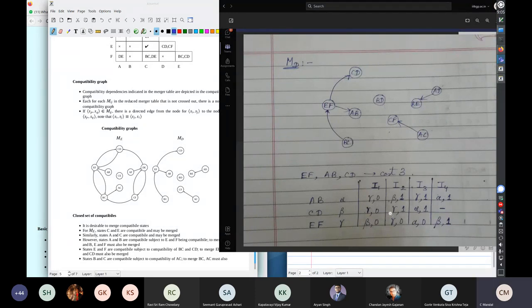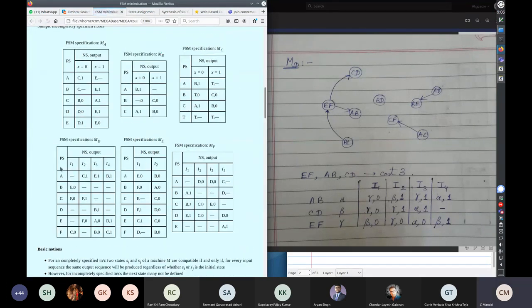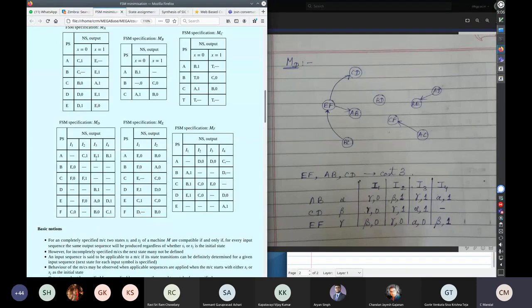And this is the reduced machine. So let us inspect the reduced machine with respect to the FSM table.